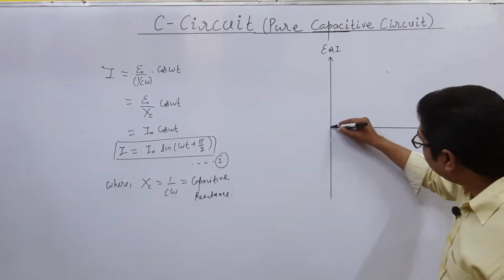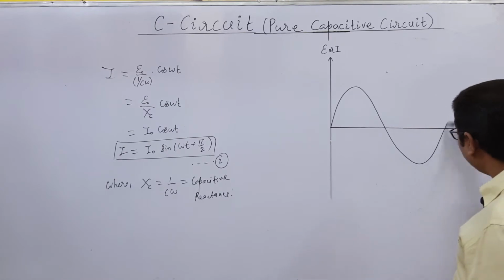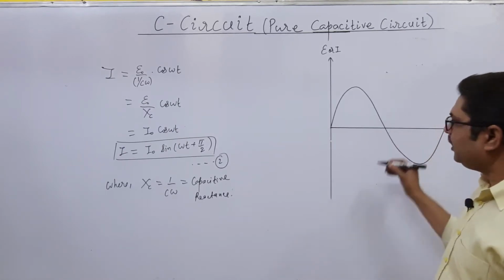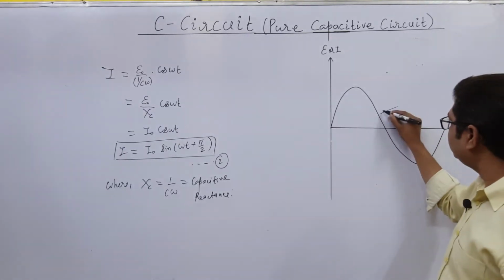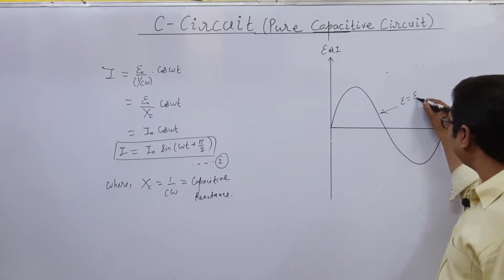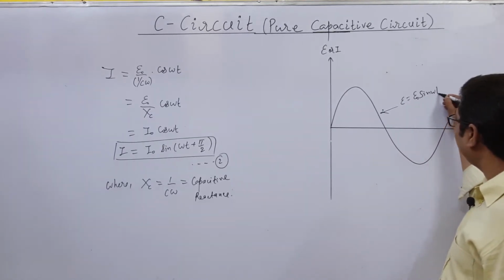Let this be the graph for E equals E naught sin omega t.